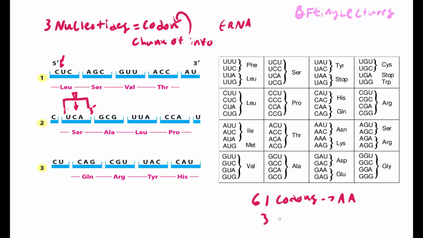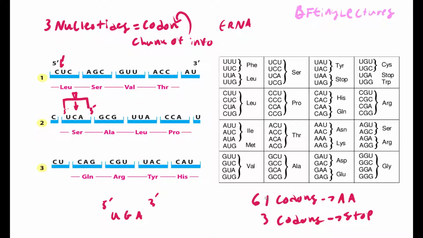And there are 3 codons that code for stop. So when tRNA reads a stop codon, for instance UGA, let's write it over here, UGA, it reads it and it says, hey, this is a stop codon. I have to stop making these amino acids, and the process of making proteins stops.